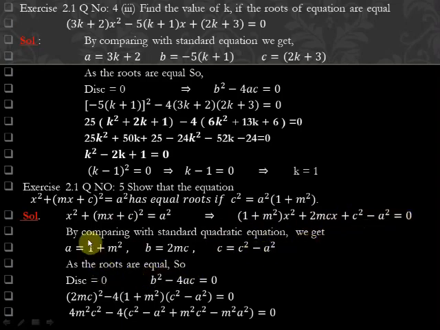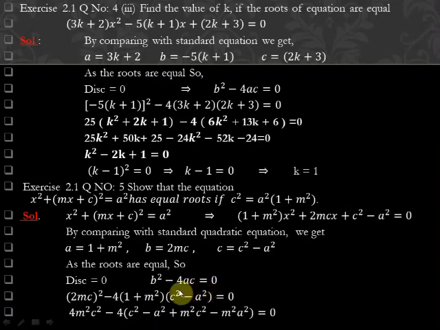By comparing with the standard quadratic equation, we get the coefficient of x², 1 + m², equals a. The coefficient of x, 2mc, equals b, and c² − a² equals the constant c. By the condition of the question, as the roots are equal, we set the discriminant equal to 0: b² − 4ac = 0.